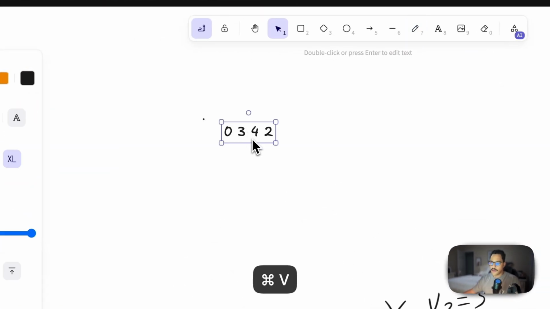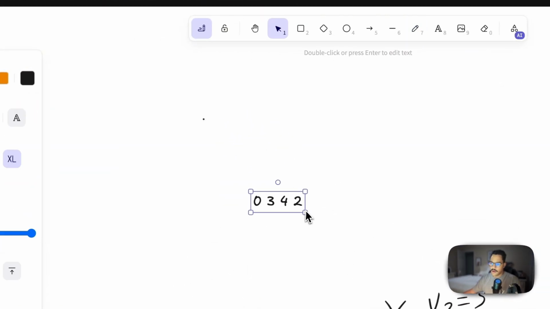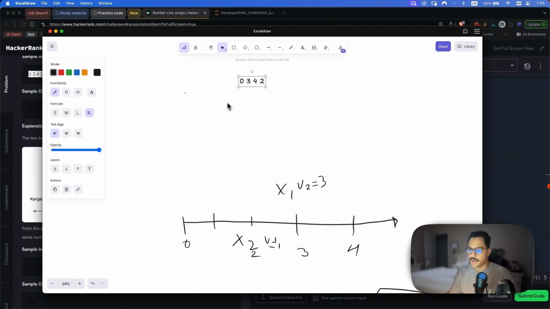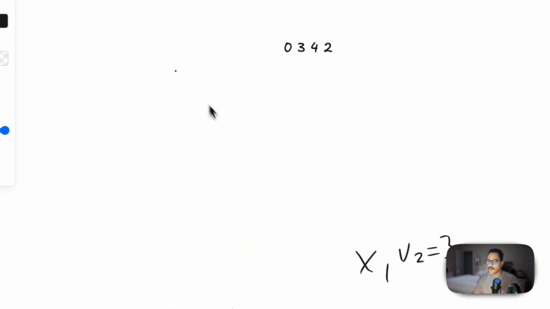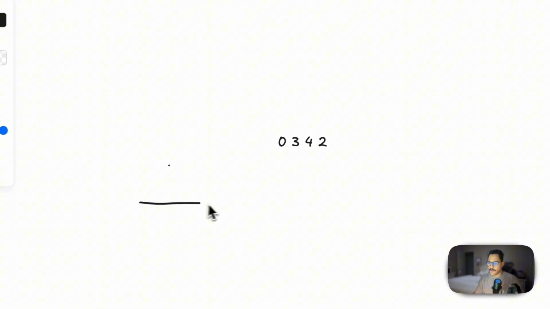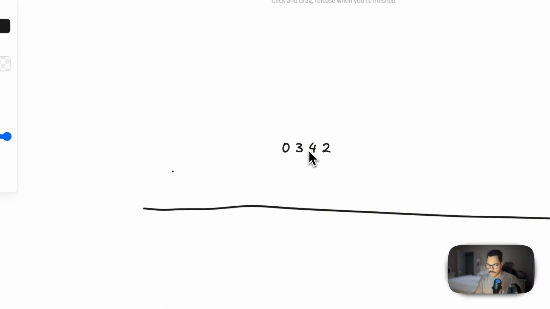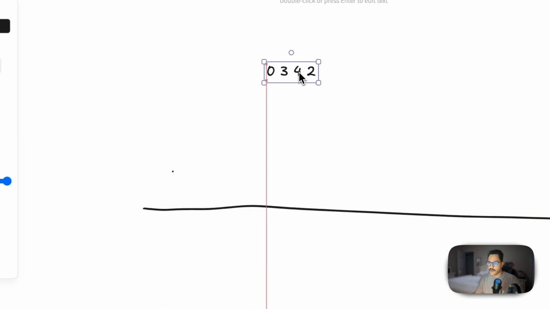Can I do that? Yeah, here we go. Perfect. All right, so position 0. I'm just going to go ahead and do another one right here real quick. It's not going to be perfect, but we know what this represents.